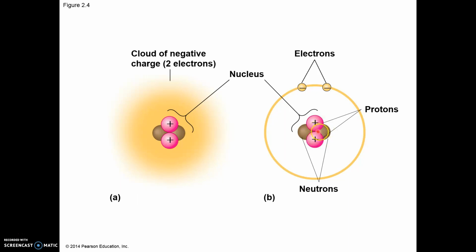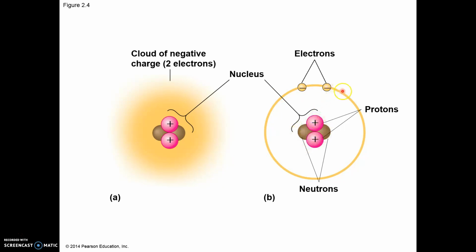Now, this is in the center and forms a little cluster. The electrons kind of float around the outside, or you could say orbit around the outside, in a similar way that the moon is orbiting the Earth or the Earth is orbiting the sun. Now, unlike the moon or the Earth, these aren't actually just going in a circle, but they are living in a sphere that surrounds this nucleus.